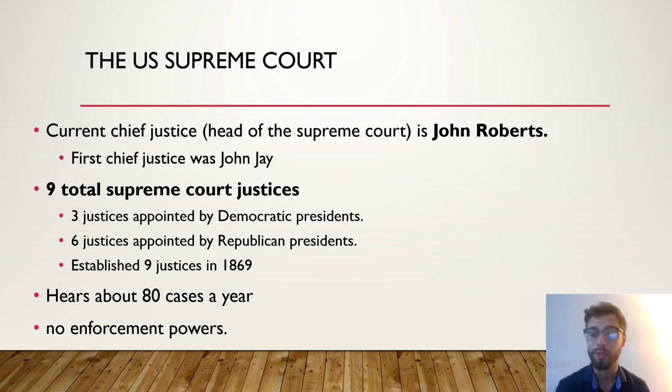And also, first Chief Justice ever, John Jay, although he only held the post for about 6 years and then resigned to become governor because at the time, governor of New York was a more influential role. Different conversation.